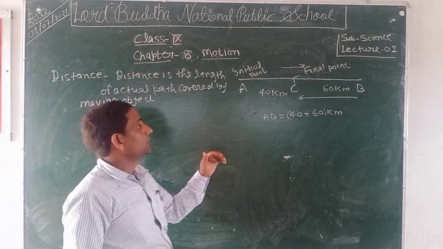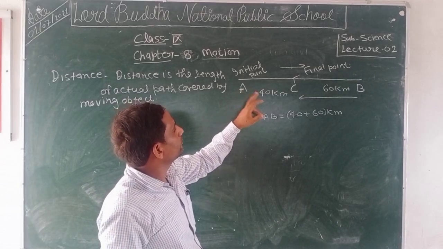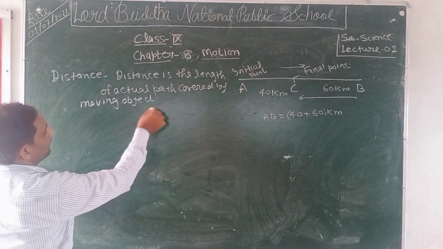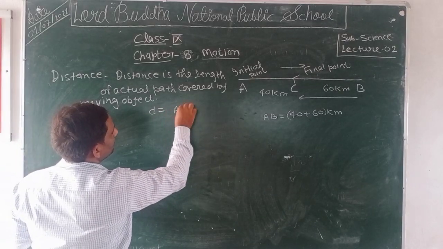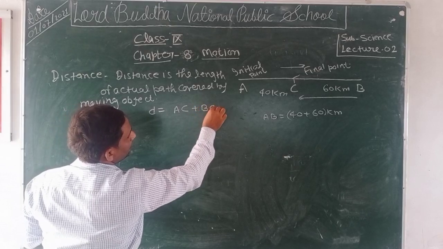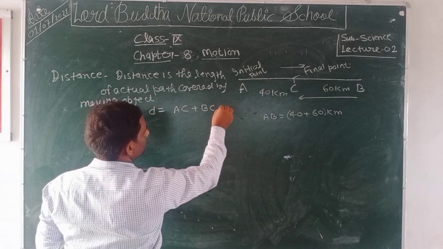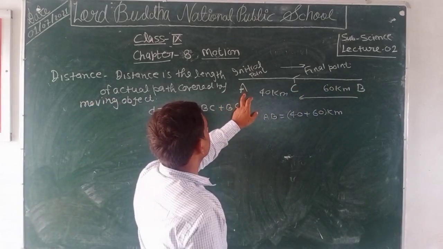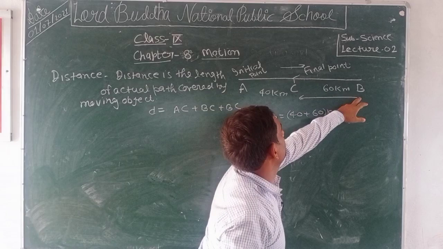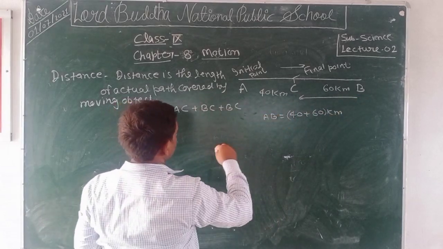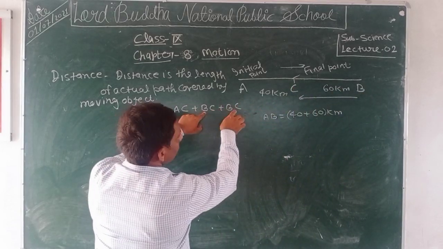Now, we find the distance covered by the person, and the distance is denoted by D. D equals AC plus BC and then back B to C. First the person goes A to C, then C to B, again B to C. This means the distance between BC will be the same, hence we write 2 times BC.